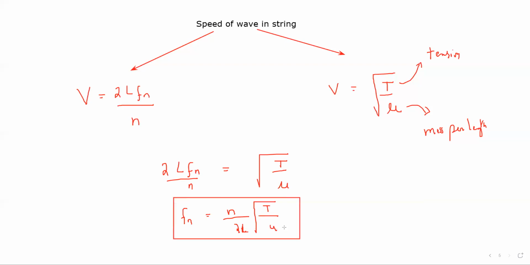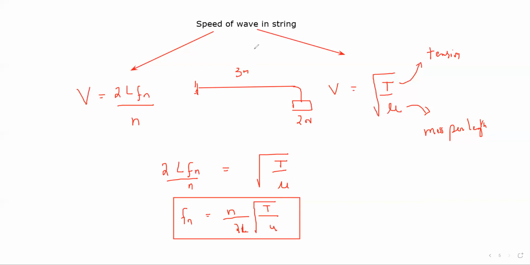For example, if we know the length of the string, say a string which is 3 meters long, and one end is fixed, and at the other end we attach a load. For example, a 2 Newton load is attached, so the tension is 2 Newton.